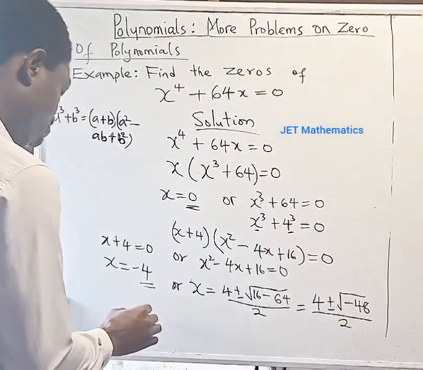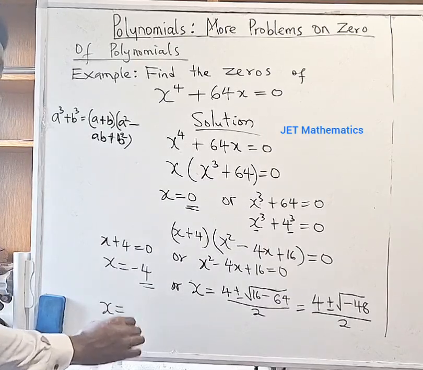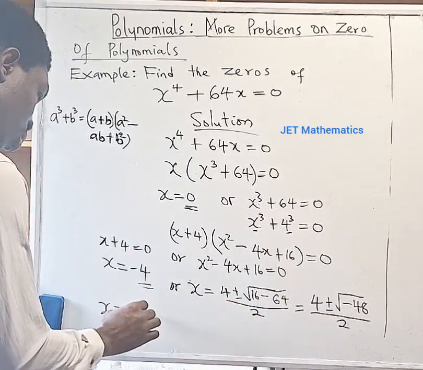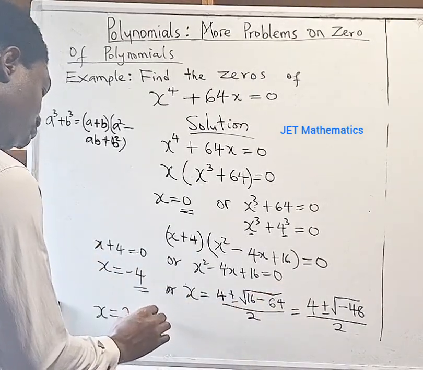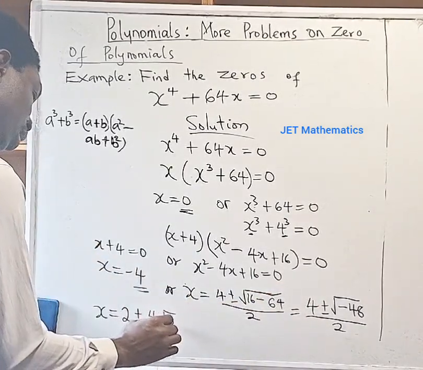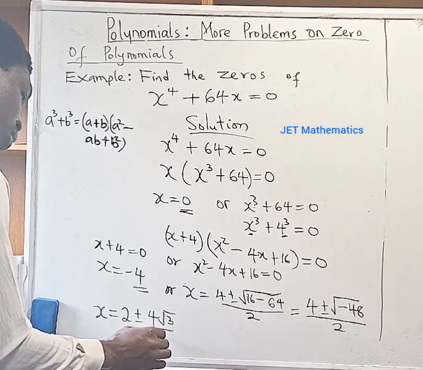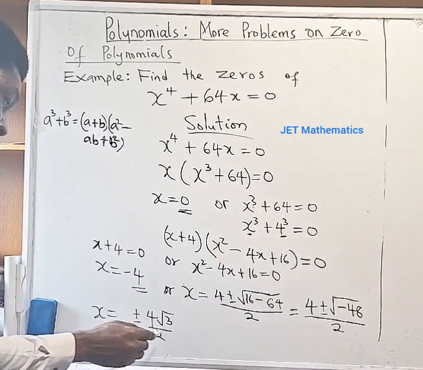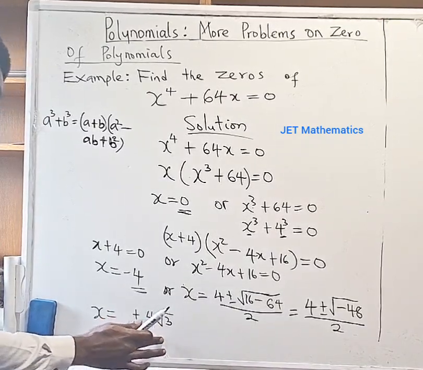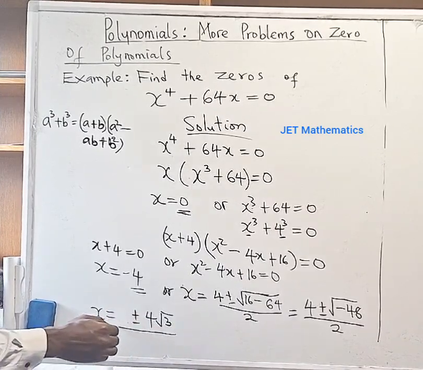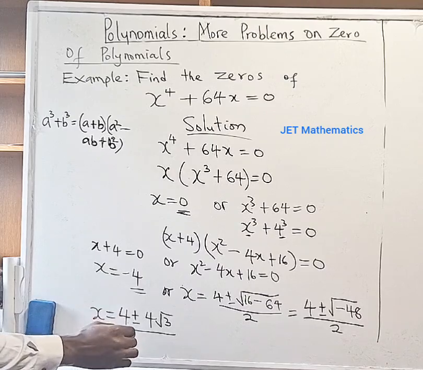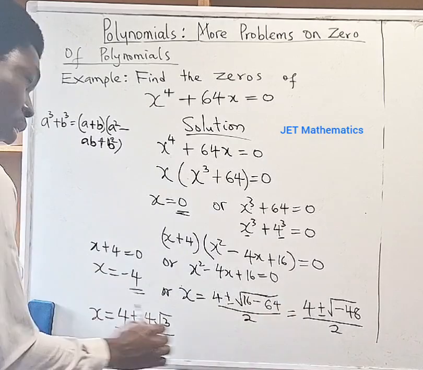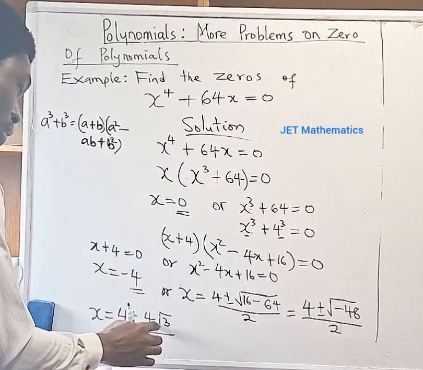So simplifying this, you have x is equal to 4 divided by 2 is 2, plus or minus the square root of 48, short form is 4 root 3, divided by 2. Let me just express it in full, divided by 2. So this is 4 and this is 4 root 3.